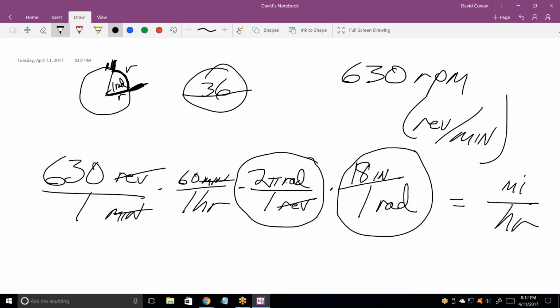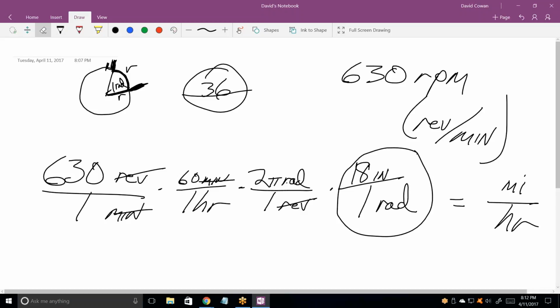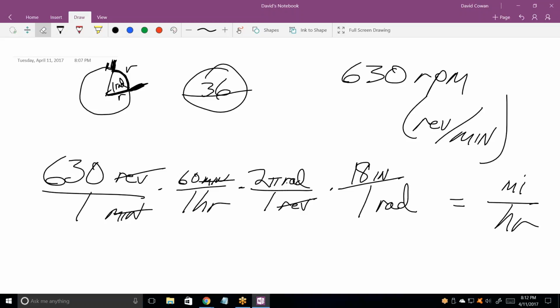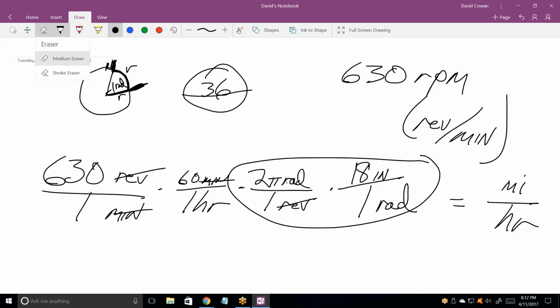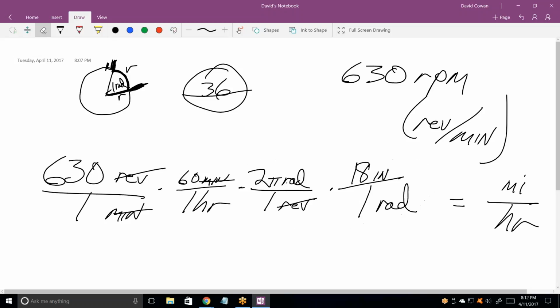And the radius in this case is 18 inches because the wheel was 36 inches in diameter. Okay? These are the two toughest steps for sure in these kind of problems. And if you can get those two steps, then the rest of it's easy.